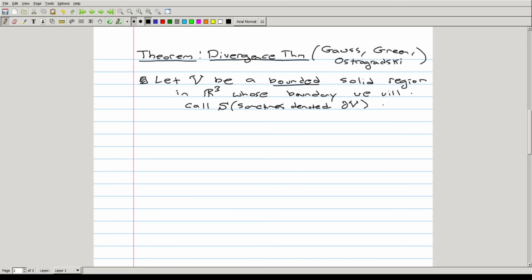And S consists of finitely many piecewise smooth, closed, orientable surfaces.